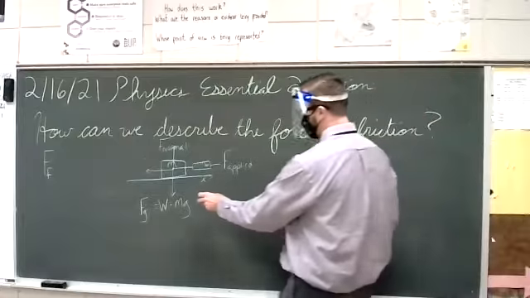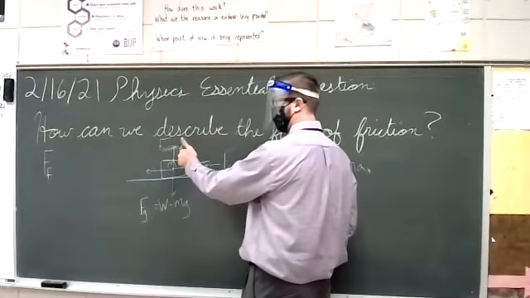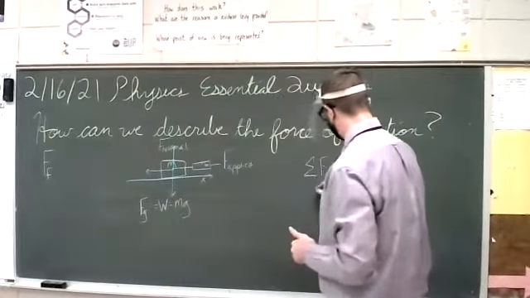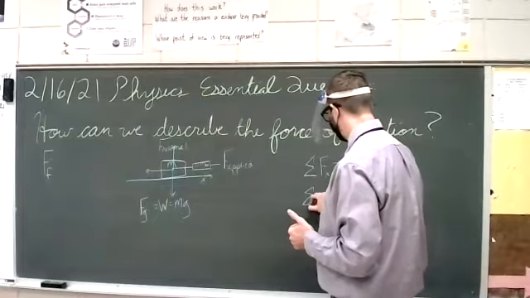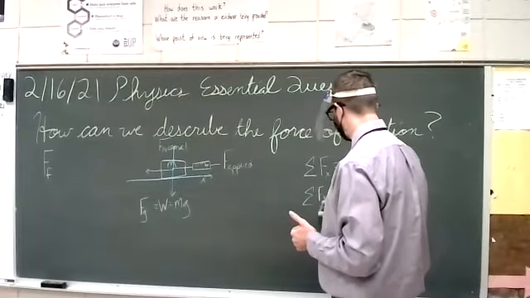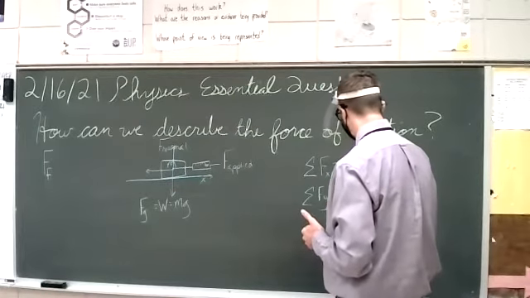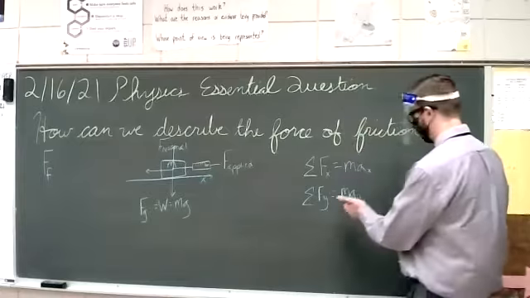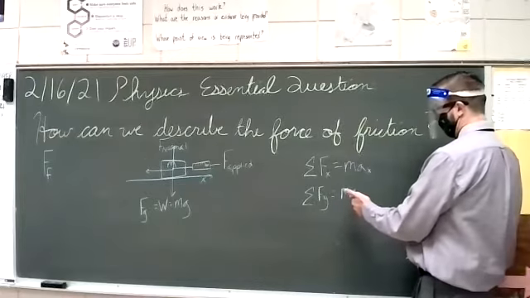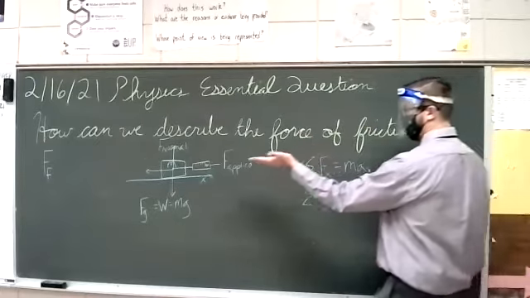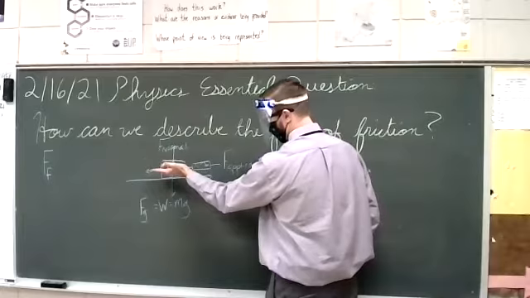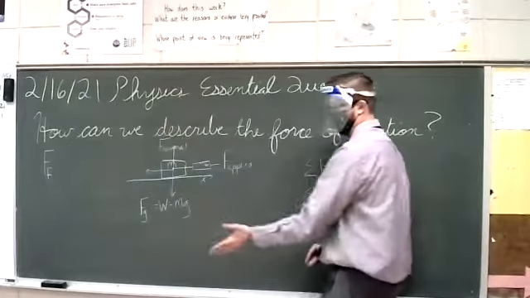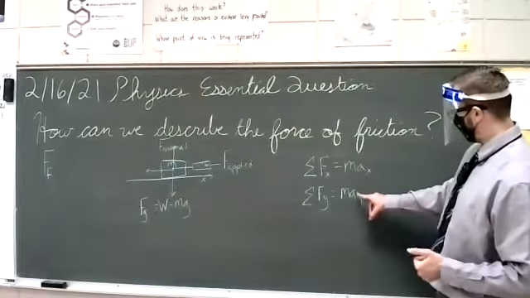So we're going to have the weight equal to the normal force. And that's kind of like over here. The sum of the forces in the y direction will be equal to mass times the acceleration in the y direction. And again, because the object is at rest on a level surface, the weight equals the normal force. So the acceleration is zero.